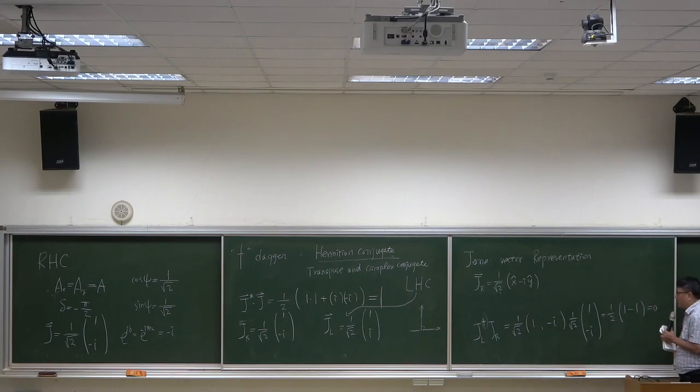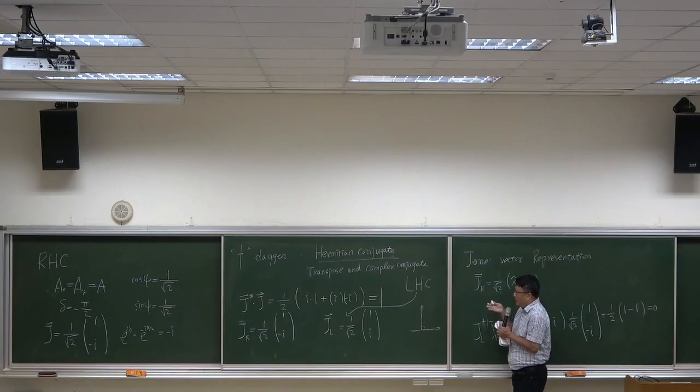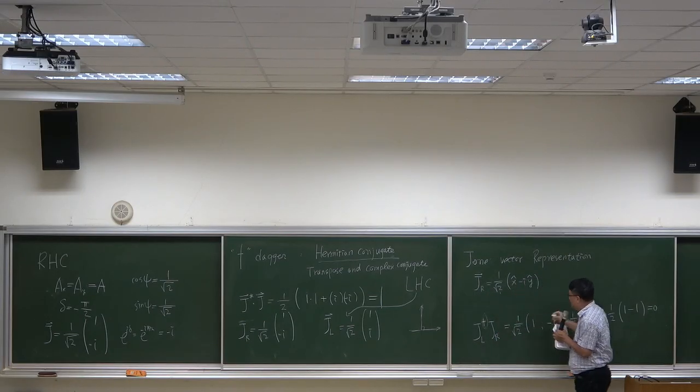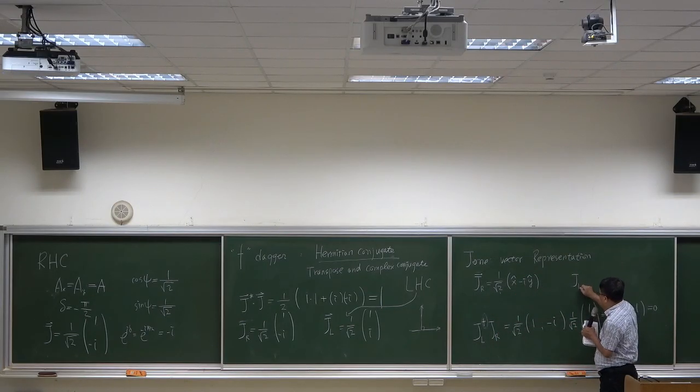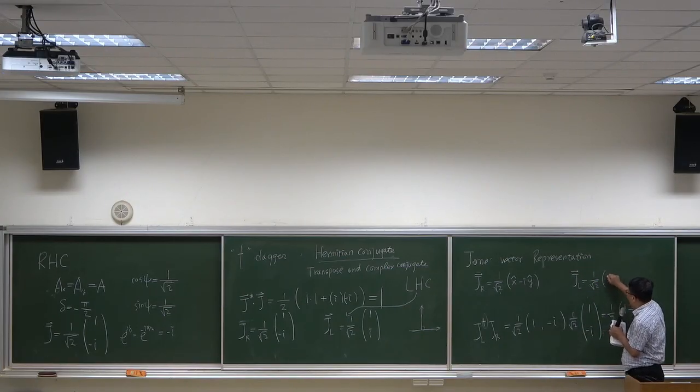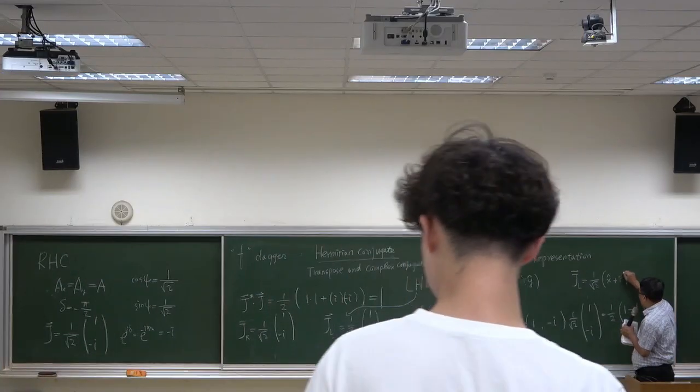Here, x hat, y hat are the two unit vectors along the x axis and the y axis. And J_L is 1 over square root 2 times (x plus i y hat).